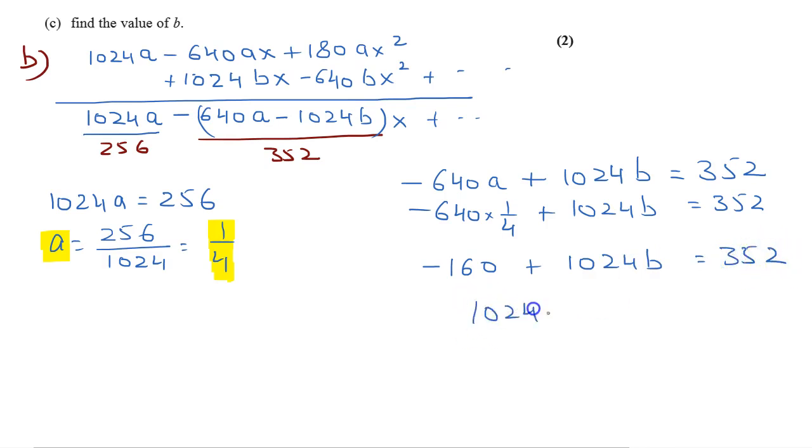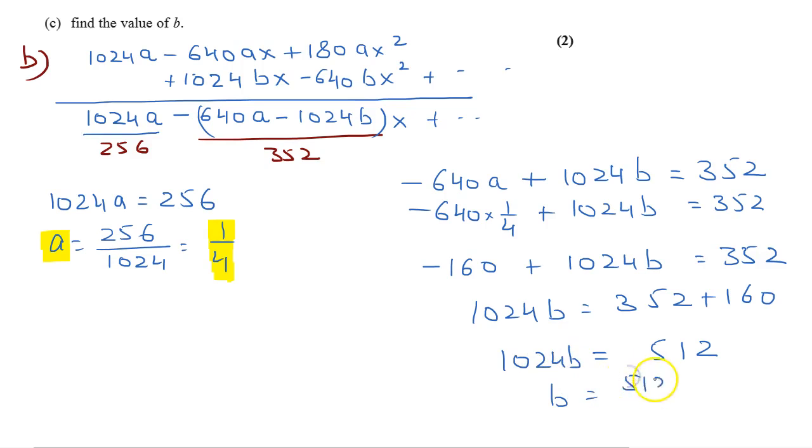So 1024b is equal to 352 plus 160. So 1024b is equal to 512, so b is equal to 512 over 1024. So that is 1 over 2. So the value of b is 1 over 2. That's what we were supposed to show. Find the value of b and find the value of a.